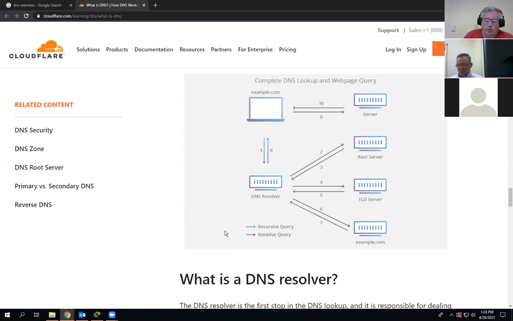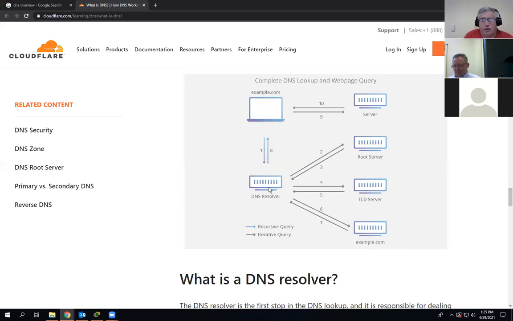When it gives a DHCP address, it'll get a DNS server address as well. So when you type in, say, www.google.com, it will hit that DNS server first and say, hey, do you have google.com in your cache memory? And the DNS server says, well, no, I don't.